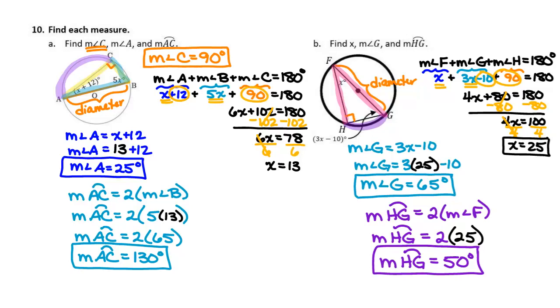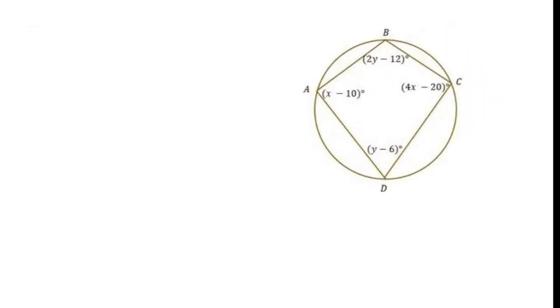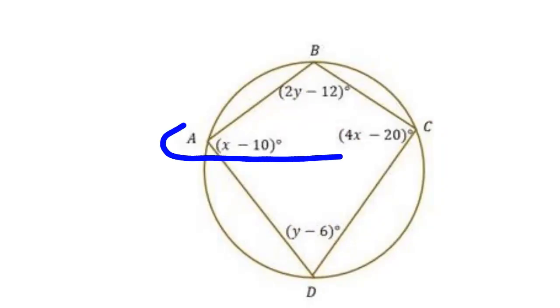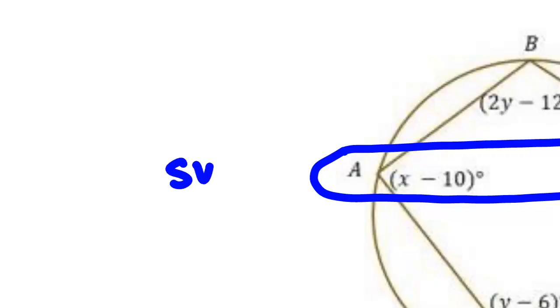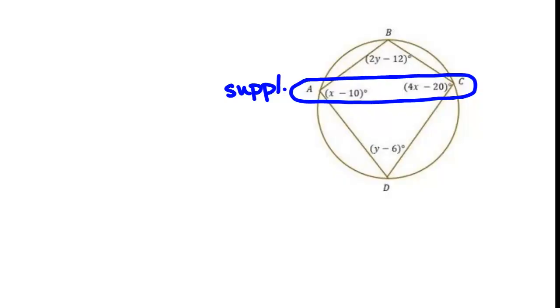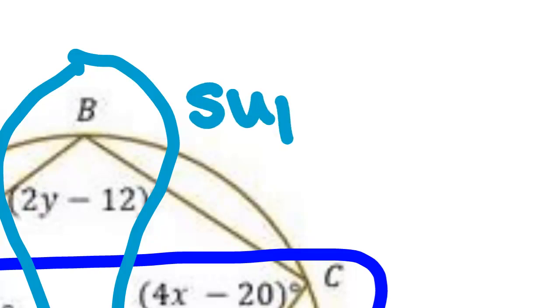All right, let's look down at number 11, down at the very bottom of the page. This time, do I have a triangle? I have a quadrilateral, yes. In a quadrilateral, opposite angles are supplementary. So angles A and C are supplementary. Angles B and D are supplementary.